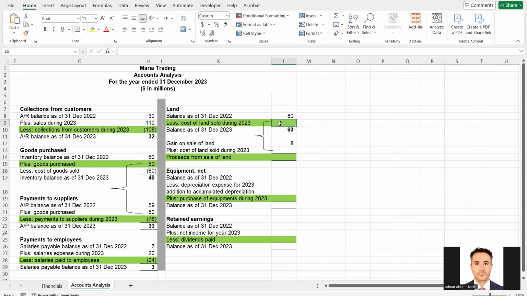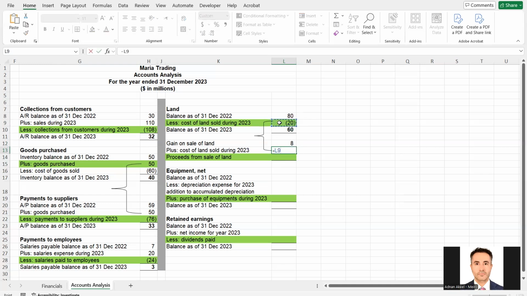So this equals the ending balance less the opening balance, just to let me know that the land, or maybe multiple lands, that I sold had a cost of 20. Now, when I'm selling these lands with a cost of 20, I have achieved a profit of 8. I'll just edit the cost here.